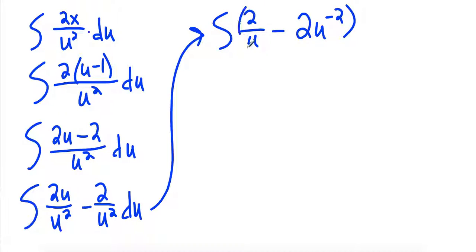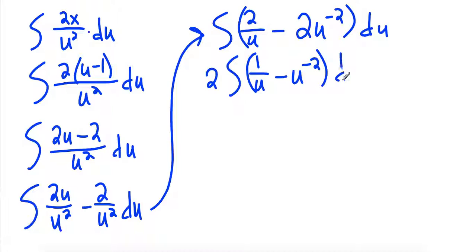I can take the antiderivative of that. If you feel very strongly about it, you could factor out a 2 at this point. So we have 1 over u minus u to the negative 2. We can take the antiderivative of this.